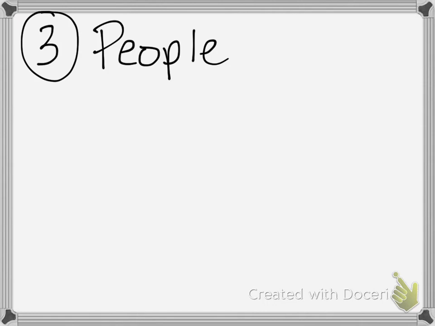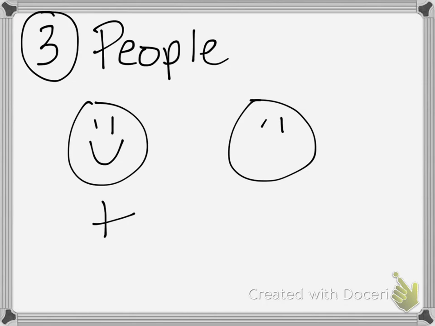And my last interesting way to think about integers is to kind of think of them as people. Okay, we can have very positive people in our lives, and we can have very negative people in our lives. And if we have a lot of positives, a lot of positive people over here, then we have a higher positive number.